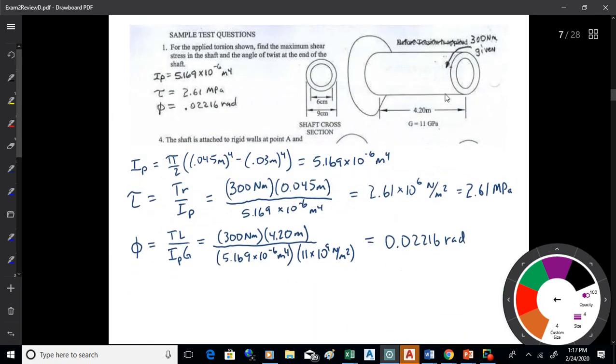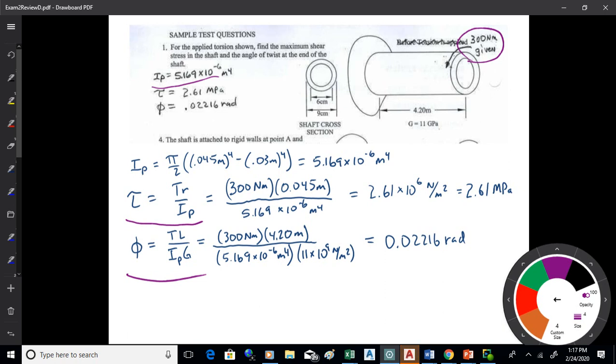I just had a few example problems that I'd handed out, and these are available online under the test downloads. This first one is just a basic one, to apply the basic definitions of shear, which is TR over I, and then the angle, which is TL over IG. So this one's pretty straight up. You're given the torsion on the end of the shaft. You can calculate I, which would be pi over 2 times the outer radius to the 4 minus the inner radius to the 4.